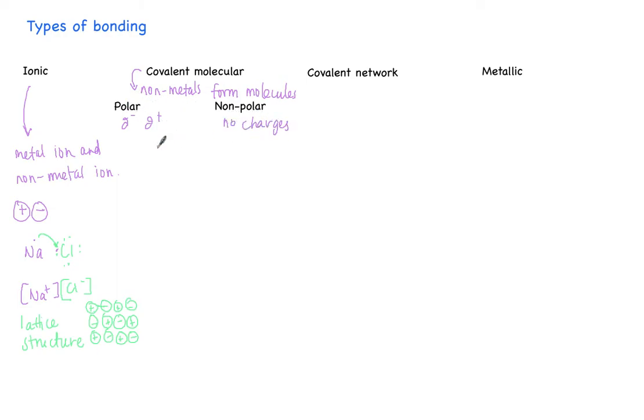Examples of that would include water, which has our oxygen, which is electronegative, and the hydrogens that are electropositive, and a non-polar, which would be generally any substance that contains a carbon and hydrogen bond. So one like methane would be a really good example of that.